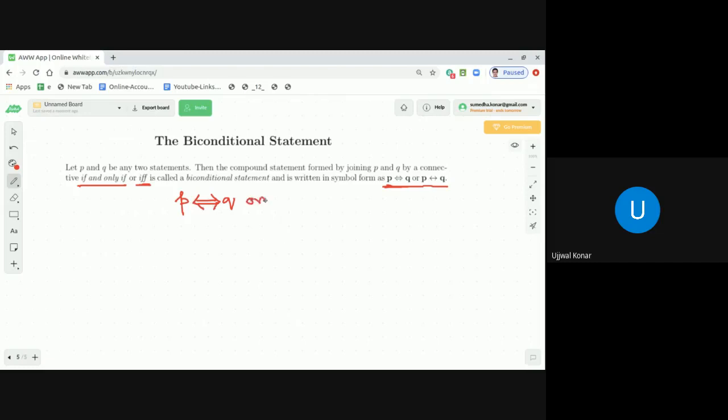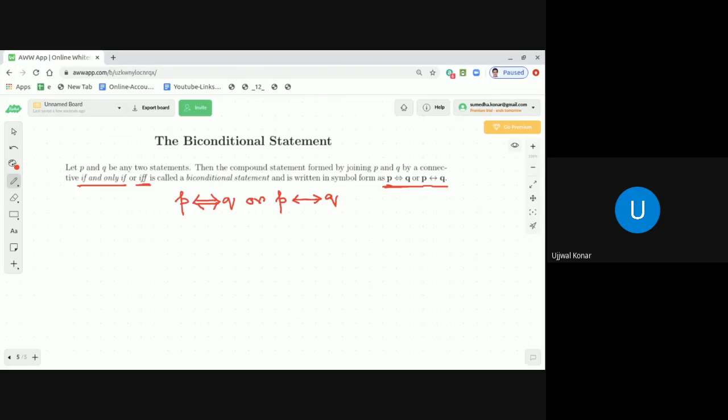Or we can write this as P with an arrow in both directions. That is why it is called biconditional, or bidirectional as far as the arrow is concerned. In a statement we say biconditional. I repeat, dear students, let P and Q be any two statements.